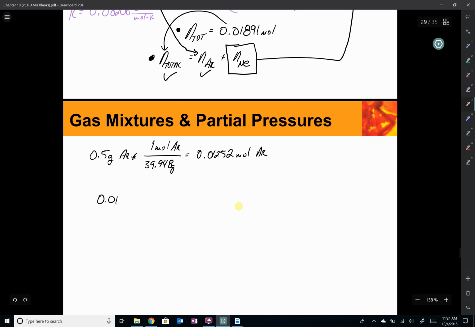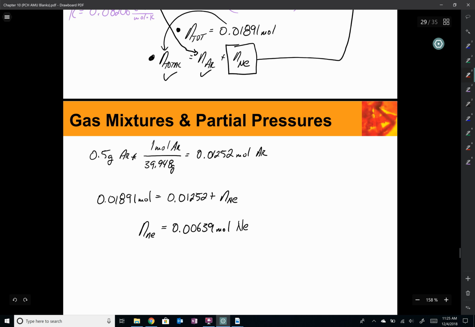My total number of moles is equal to moles of argon plus moles of neon. If I rearrange this equation, moles of neon is then equal to, I got 0.00639 moles of neon.